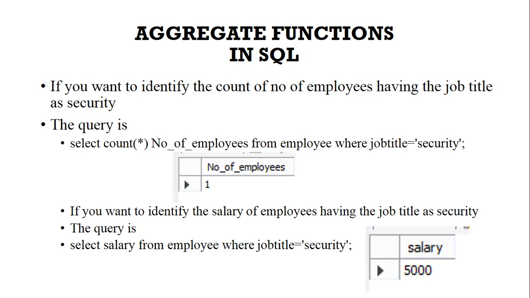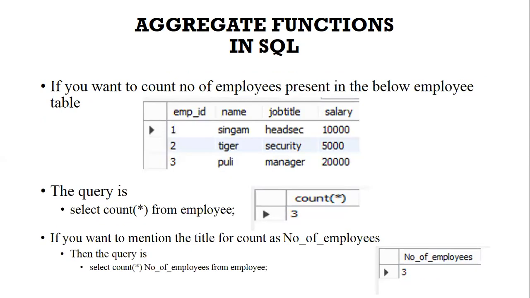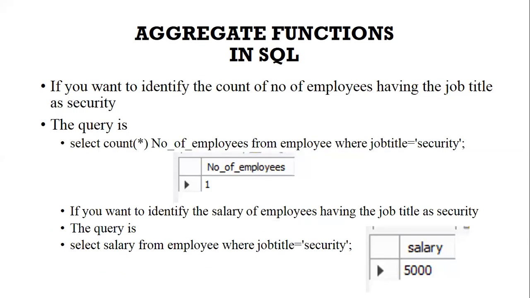Here it will display the count as 1, because the employee who has the profession of security is Tiger. He is the only person. That's why it displayed the count as 1. Why are we performing this query? It clearly shows that aggregate functions can be combined with conditions also.